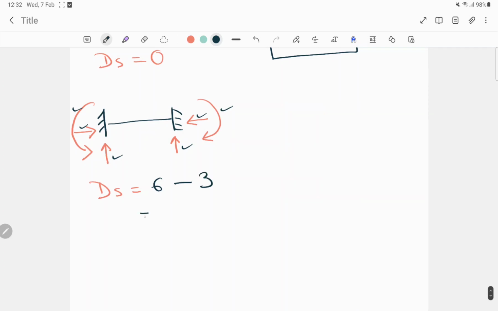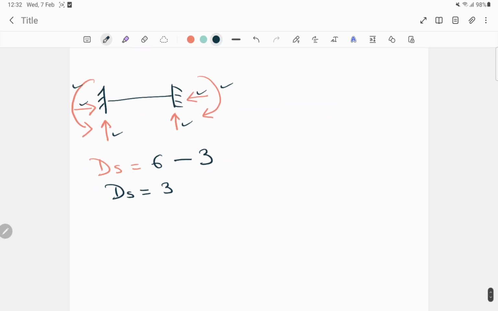So the answer will be 3. So we can say that the degree of static indeterminacy for a fixed beam is 3.